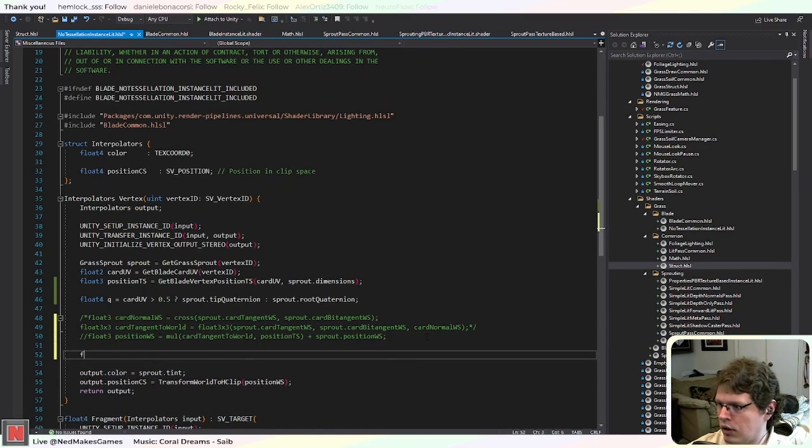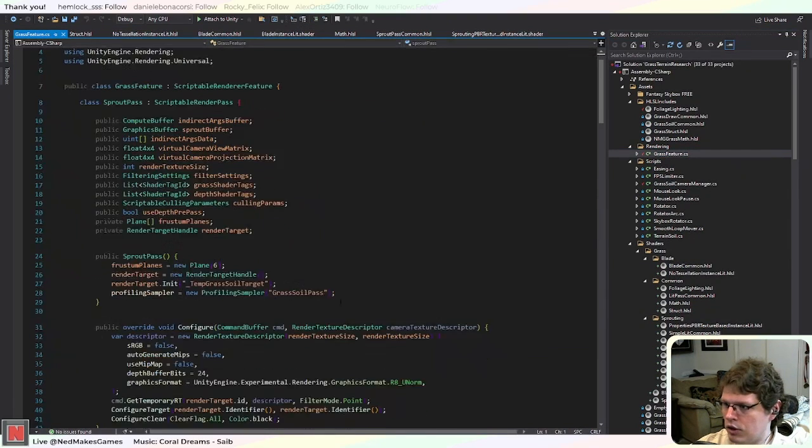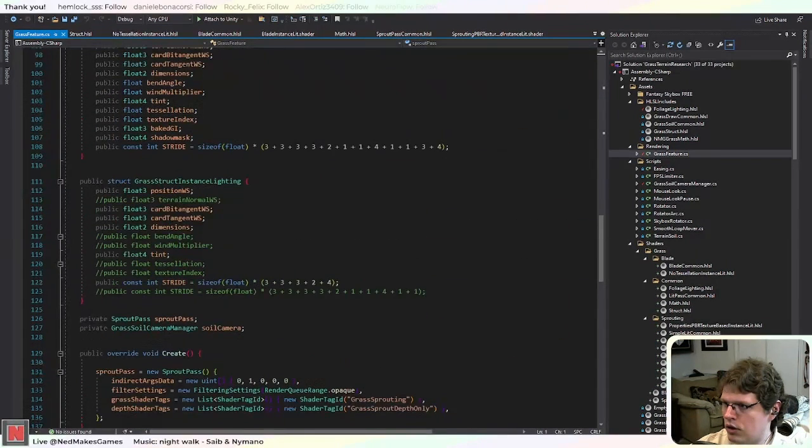So now the position in world space would be rotate by Quaternion, tangent space times that. Okay, and now in the grass feature, I need to change.